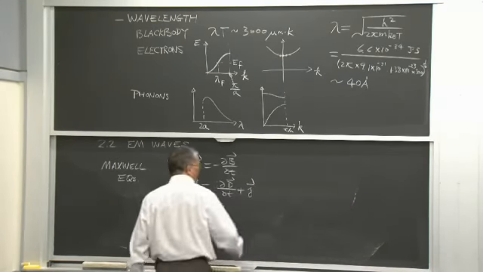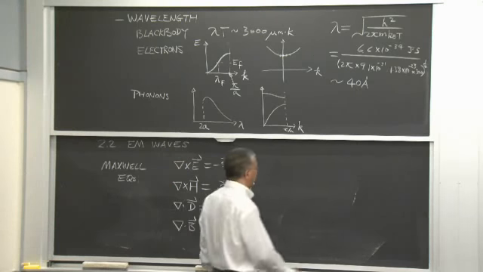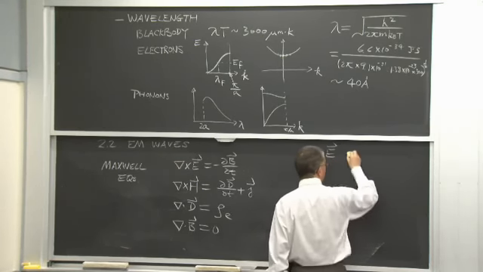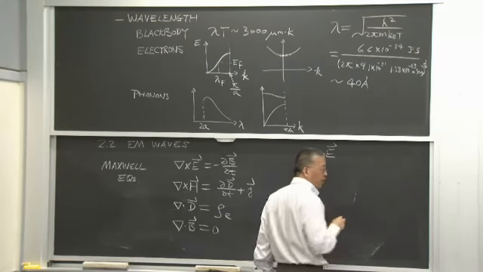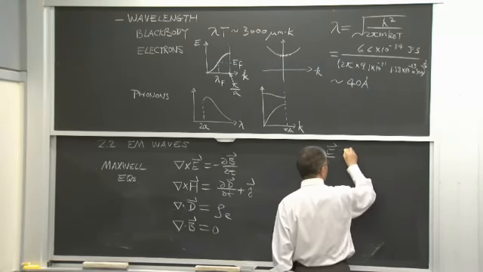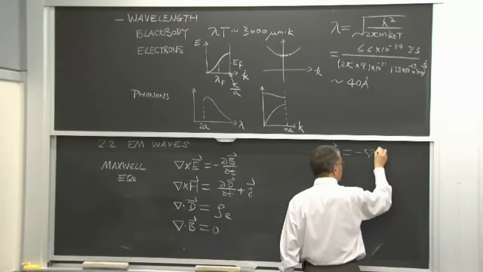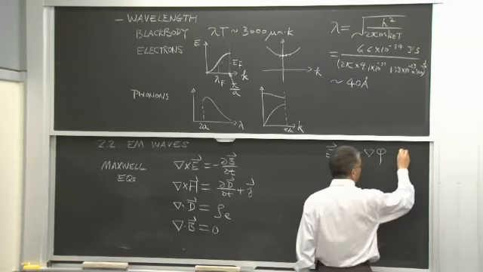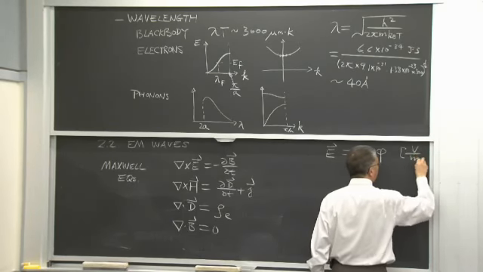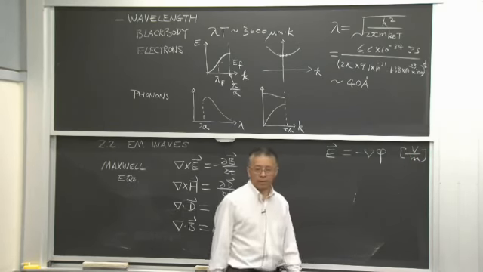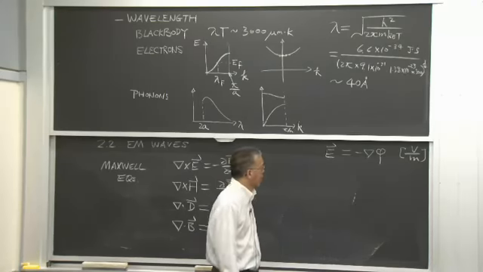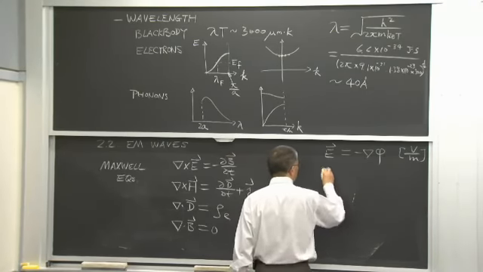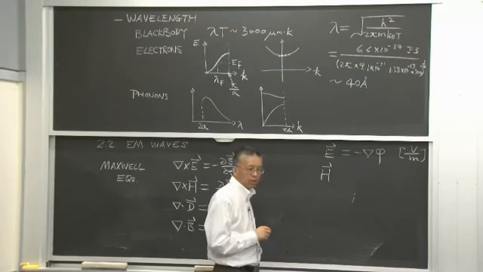Okay, so what do we have here? E is the electric field, right? The electric field is the gradient of electrostatic potential, and so the unit is volt per meter. H is the magnetic field.